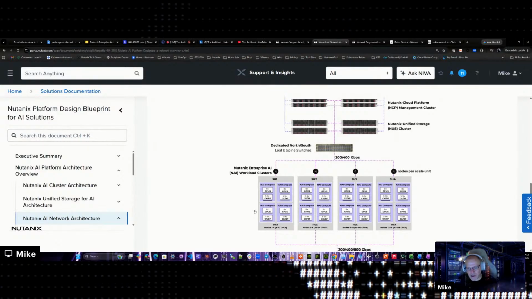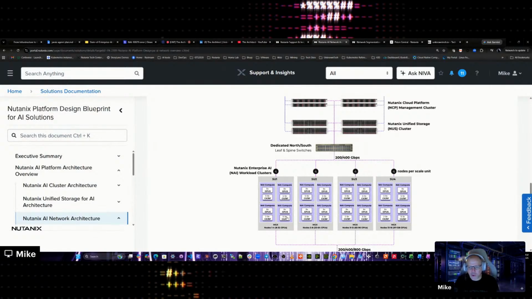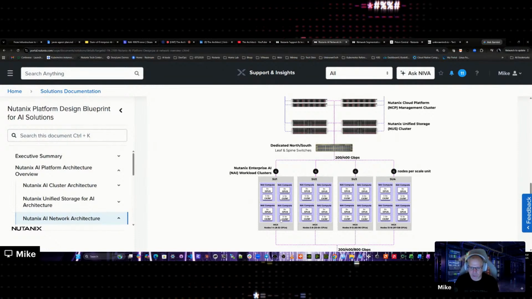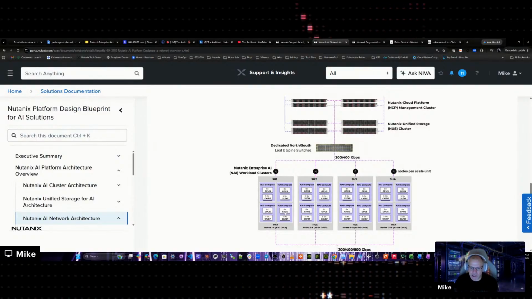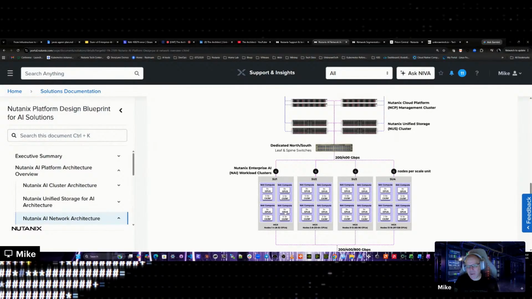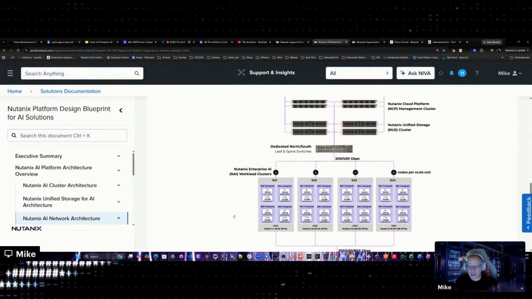Then you have NV switch, and then your ConnectX 8s or your Bluefields connecting node to node, so GPU to GPU that way, giving you massive throughput. Remember, the GPUs have massive throughput capability by themselves, and when you leave the boundary of the server, generally speaking, you start running into network limitations. So the idea is to remove those network limitations with high speed 800 gigabit, 400, 200 gigabit east-west connectivity.